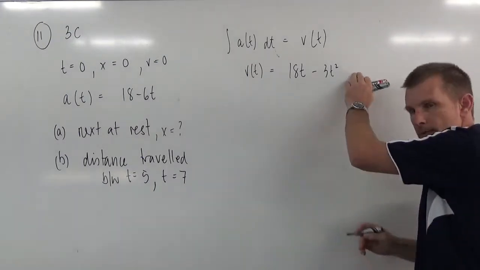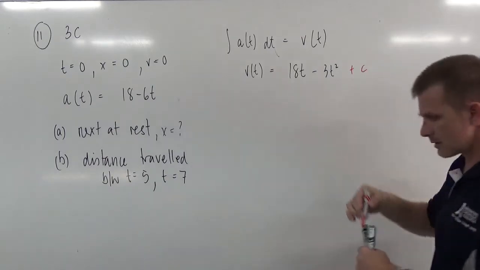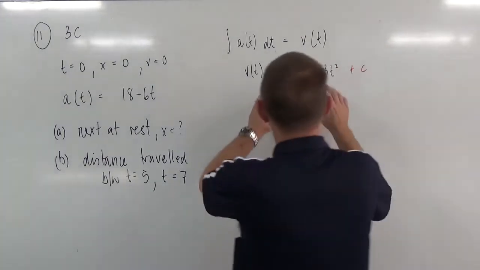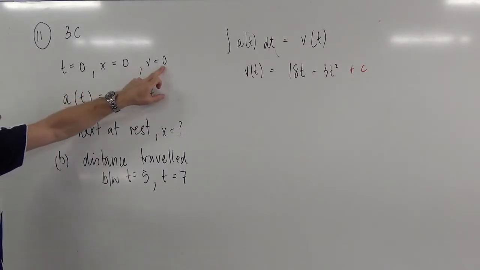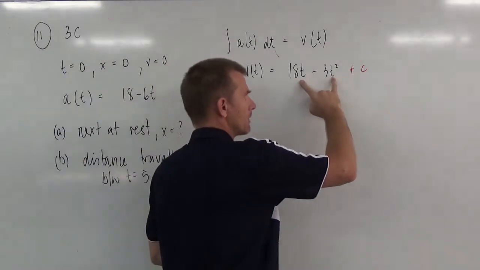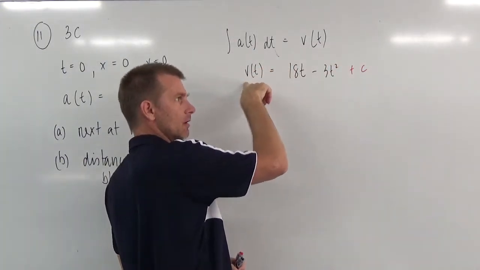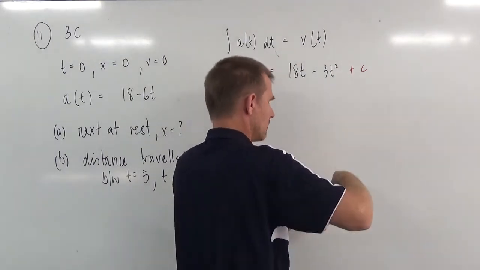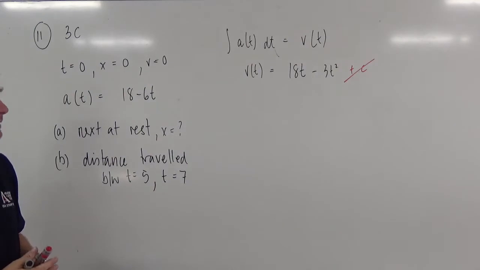Now, I should put a plus c here. The reason I'm not going to worry about that is because the velocity equals 0 when t equals 0. So when I put 0 in here and here, all of that cancels out, and the answer has to be 0, so c has to be 0. So I don't have to worry about c in this case.